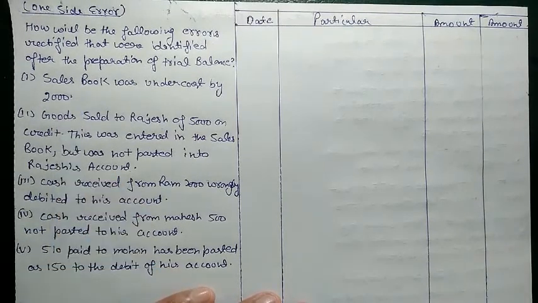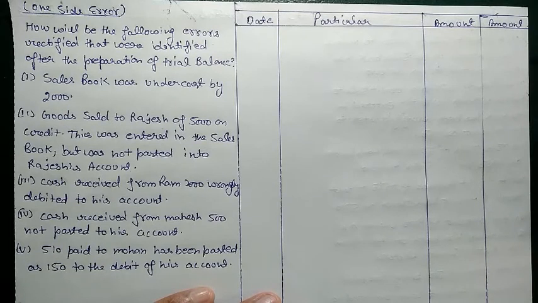Now, if the sales book is undercast by 2000, that means only the sales account is undercast by 2000. The sales account has a credit side balance, so the credit side of the sales account is undercast by 2000. So we will credit the sales account by 2000, and then it will come up to the point. But whom will we debit?